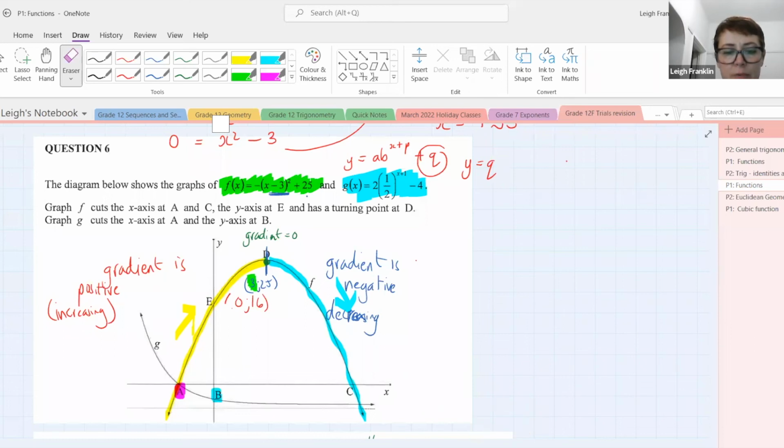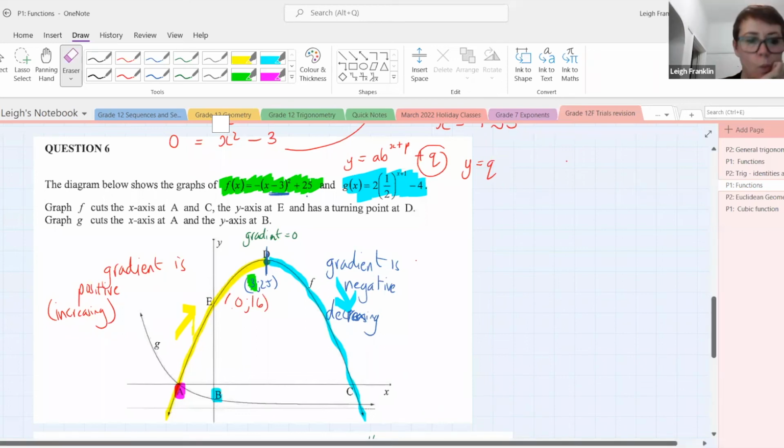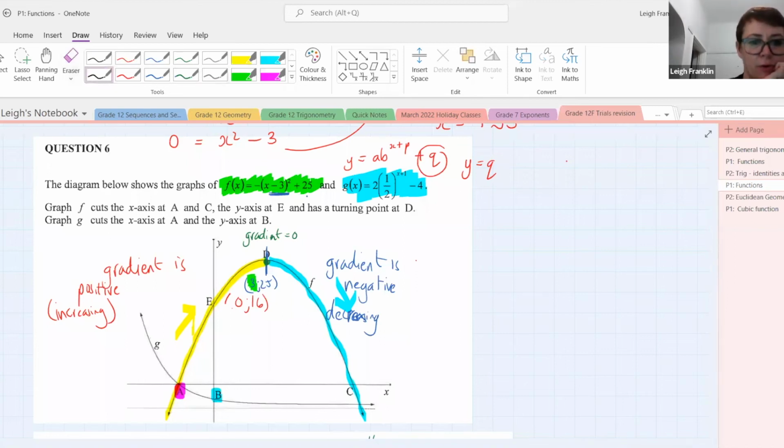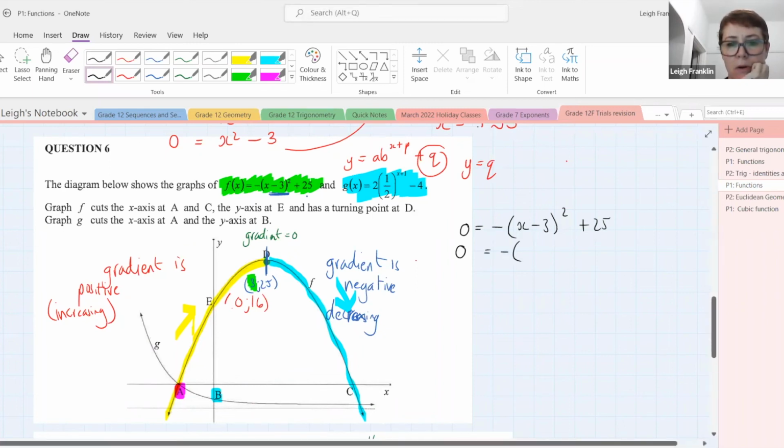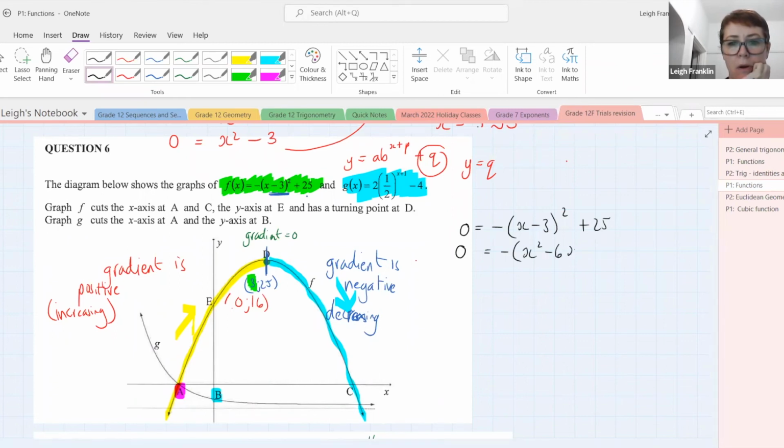So for the x-intercept, we've got to let y be equal to 0. Absolutely, Kamgelo. I'm going to stop there. I'll let you guys do the rest of it, and then you can tell me what you get as an answer.